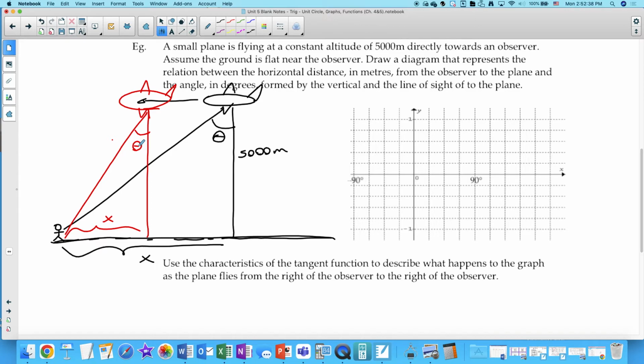And we're paying attention to the angle between the line of sight and the vertical and that horizontal distance. Okay, so far so good? So this is still 5,000. Now, if I try and come up with a relationship between that horizontal distance and the angle, I can use tangent because this is a right angle. Tan theta is x over 5,000.